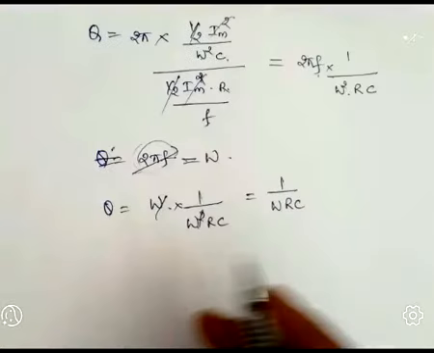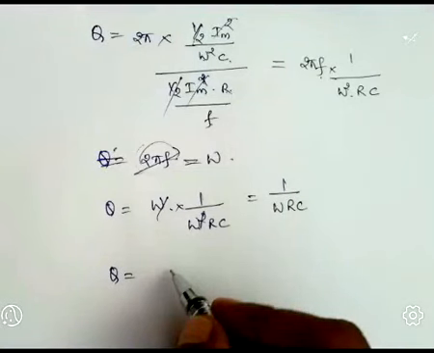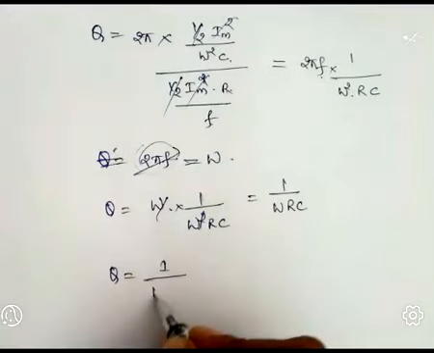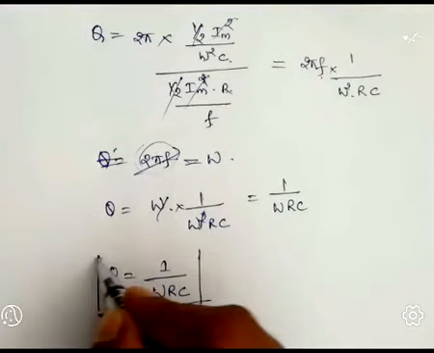Hence the quality factor for a resistor in series with a capacitor is 1 divided by omega into R into C. This is equation number 5.